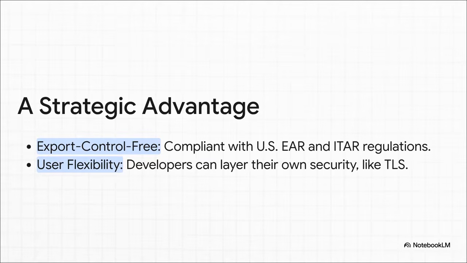First, by not having certain types of encryption baked in, the framework is completely export control-free. That means it can be distributed and used anywhere in the world, no navigating complex US regulations. And second, it gives developers total flexibility. Instead of being forced to use one specific type of security, you can just layer on your own preferred solution, like TLS, and tailor it perfectly to whatever your project needs.